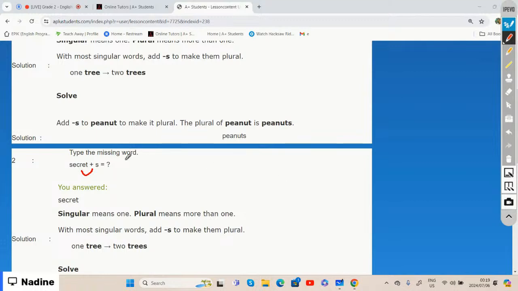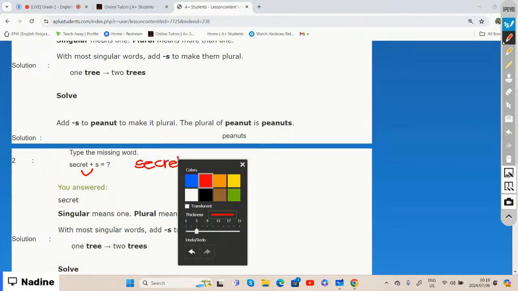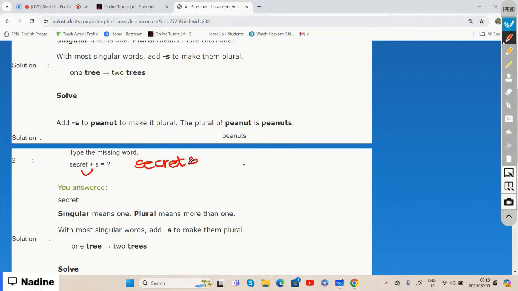One secret, two or more secrets. And we add our S to show the plural form of that word secret.